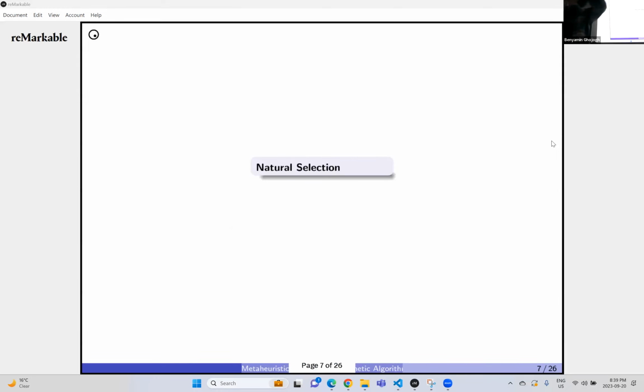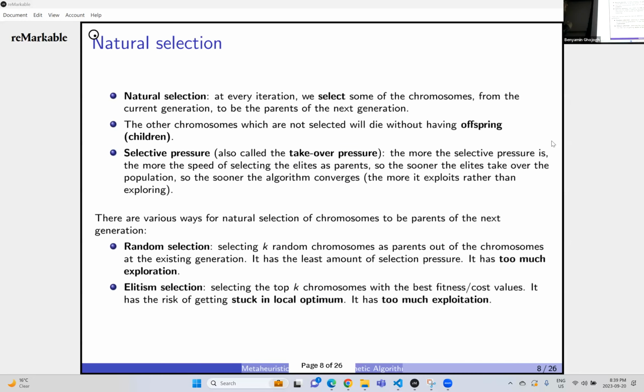Now, let's see the natural selection in genetic algorithm. As I said, it's based on natural selection and evolution. Natural selection. So what is that? Who remains to be parents of the next generation? This is natural selection, right?